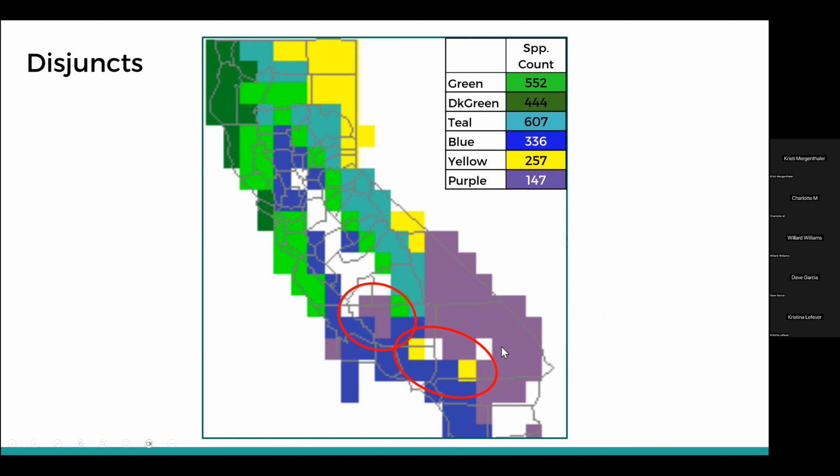And the other disjunct I want to talk about is this purple spot here. This is a desert ecoregion in purple, and most of the purple is clearly in the desert area of California in the southeastern part of the state. But we have this one area here, and this is geographically actually Carrizo Plain.